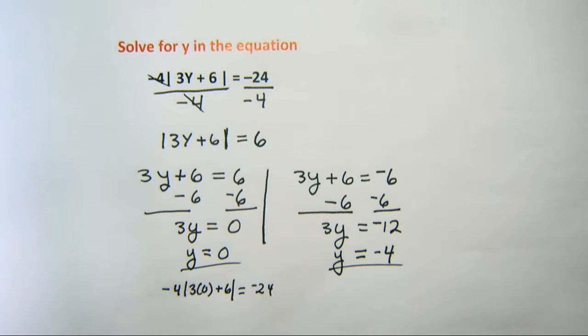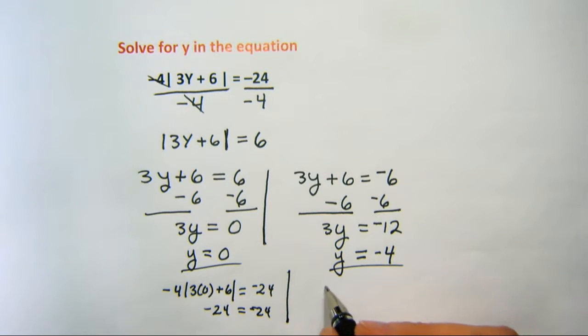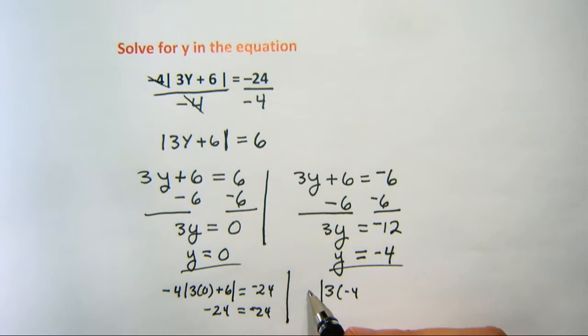Yeah, 0 plus 6, which is 6. Times negative 4, absolutely. Now, why did I say, we don't change signs there, do we? No, because 6 is just 6 units from 0. Absolutely. So negative 24 does equal negative 24. We check. Life is good, all right? Over here, let's make sure life is good again. We'll take 3 times negative 4 with an absolute value, and we'll put a negative 4 out there.